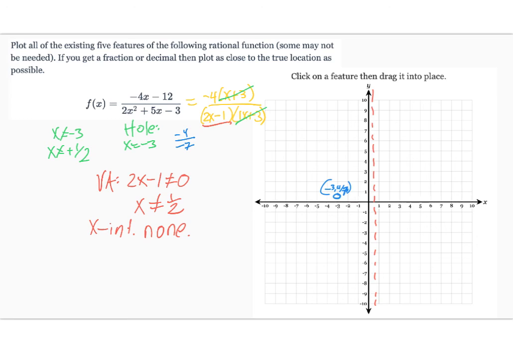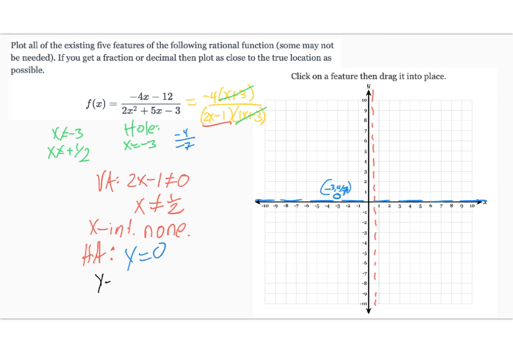That's kind of weird. We skipped my horizontal asymptote. I'm having a feeling that's going to tell us why we have no x-intercept. The bottom of this is bigger, therefore y equals 0. I'm sorry, that's why we don't have an x-intercept, because the horizontal asymptote is on the x-axis.